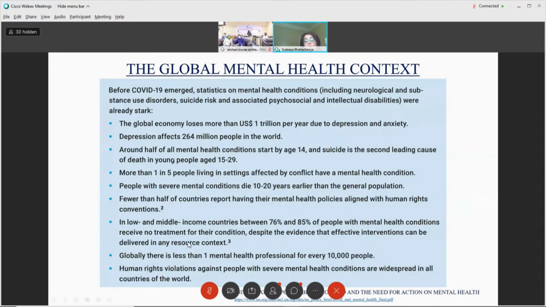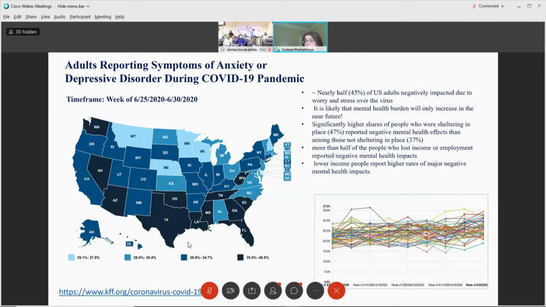And around half of all mental health conditions start at a very early age, around 14. And suicide is the second leading cause of death in young adults between 15 and 29 years. So mental health is by itself a pandemic.